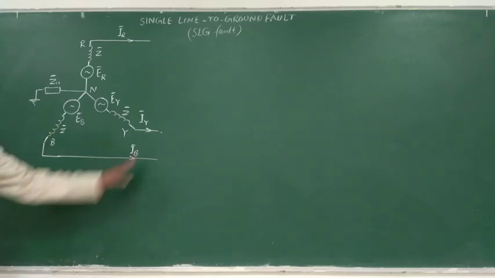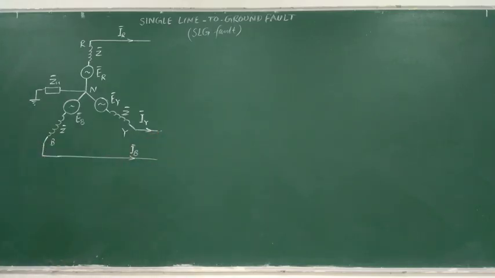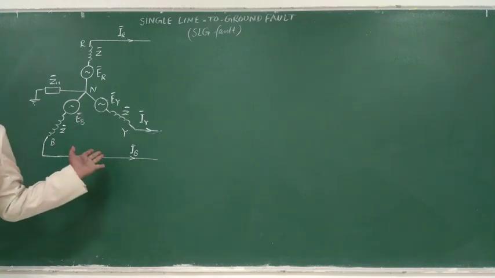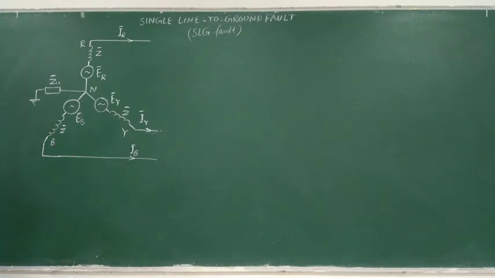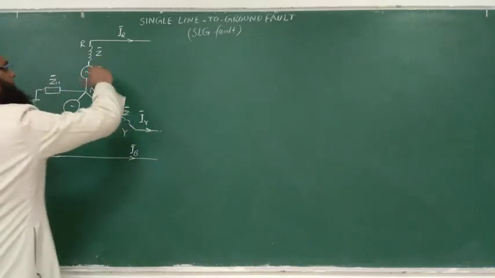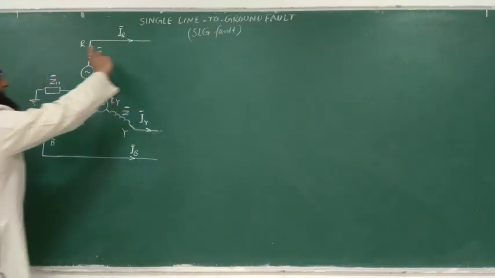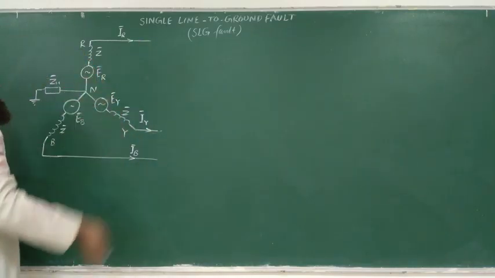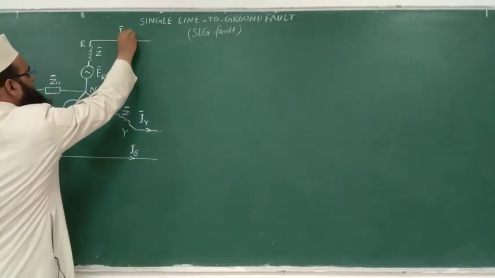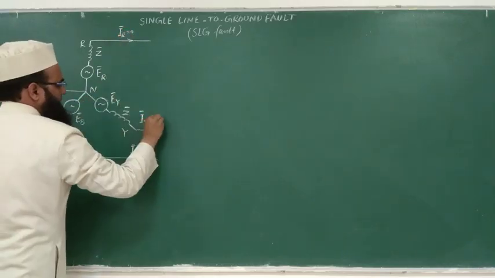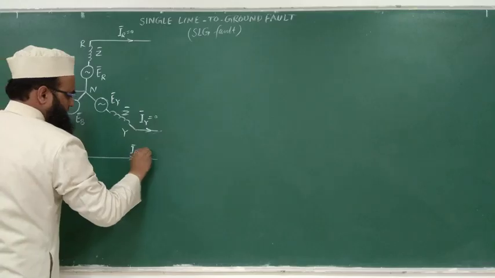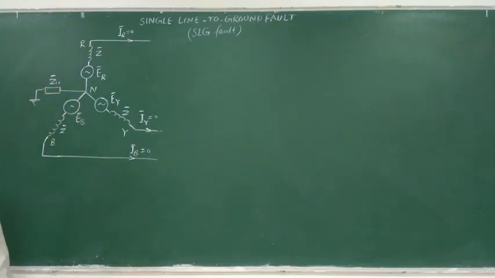So we have assumed that our system is unloaded, so no load current will flow. So terminal voltage, suppose in R phase, VR will be same as this ER. If you have assumed that this IR is 0, IY is 0, IB is 0, still fault has not occurred.